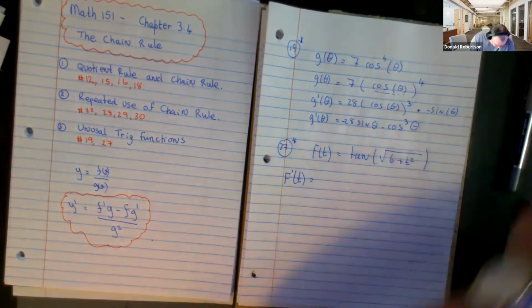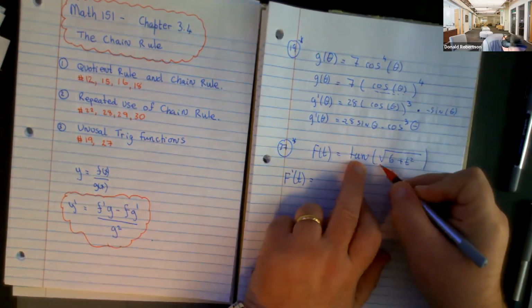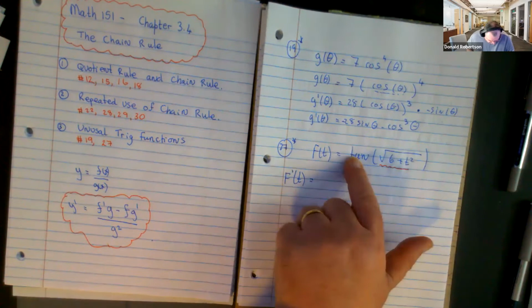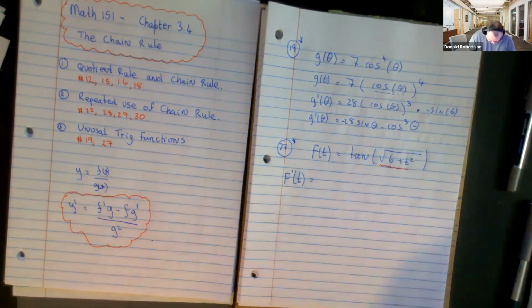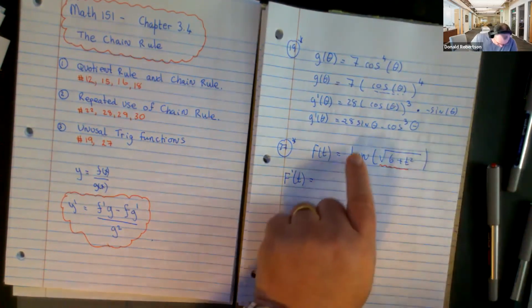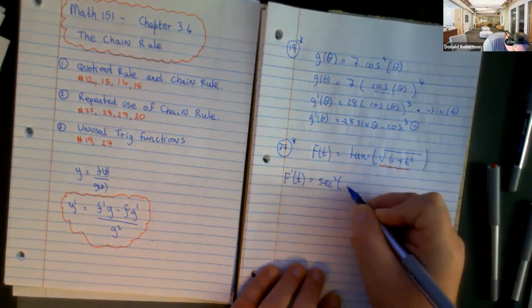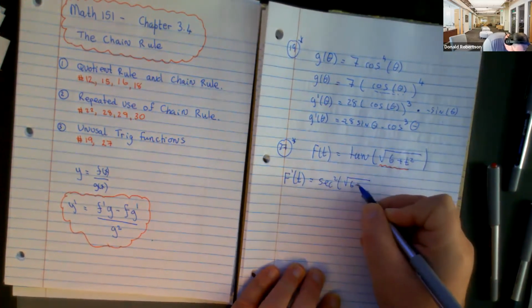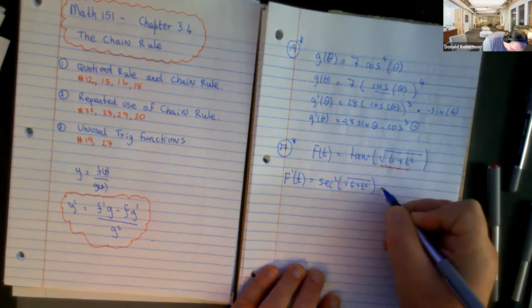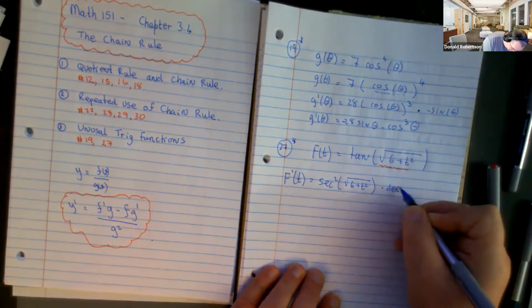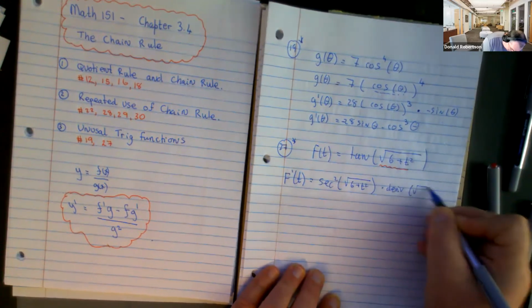The inside function for the tangent is that, right? So when you differentiate the tangent of this guy, you get the secant squared of this guy times the derivative of that guy, right?